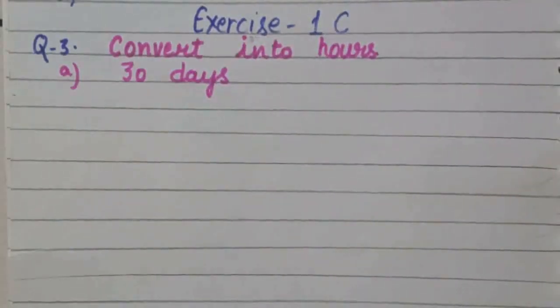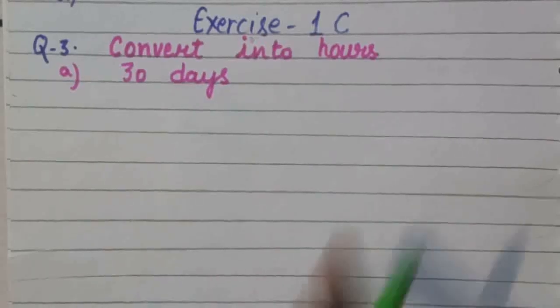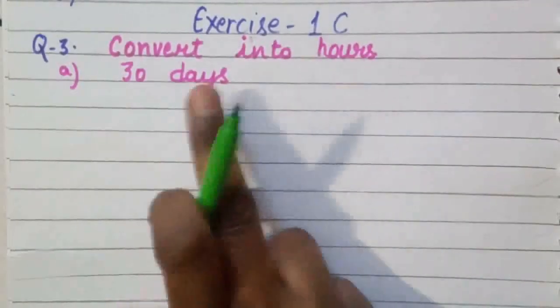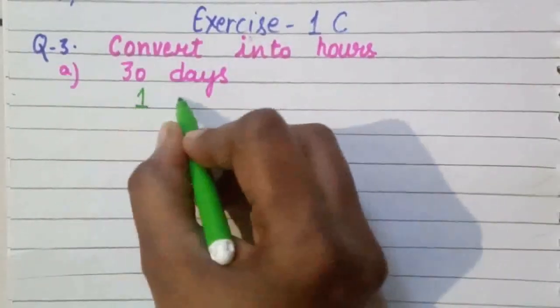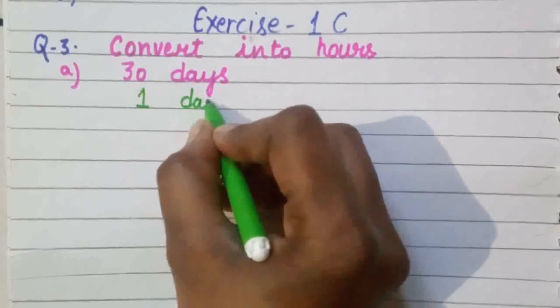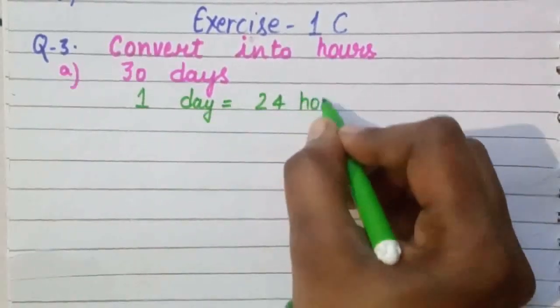Let's convert it. Children, keep in mind that we have to convert days into hours. Here the unit is given, days into hours. So right here, first of all, 1 day is equal to 24 hours.